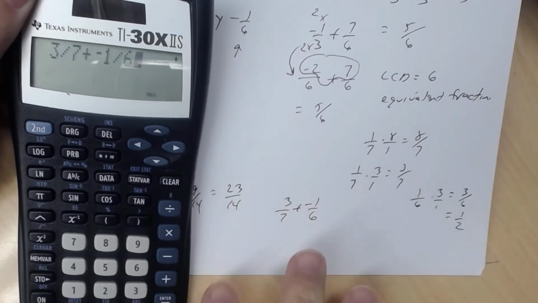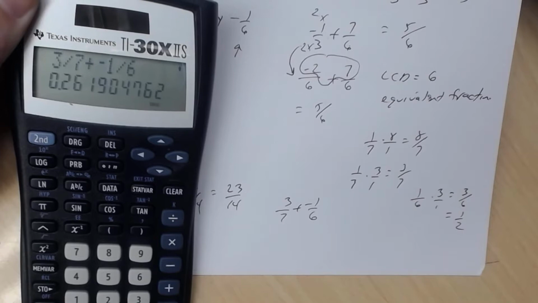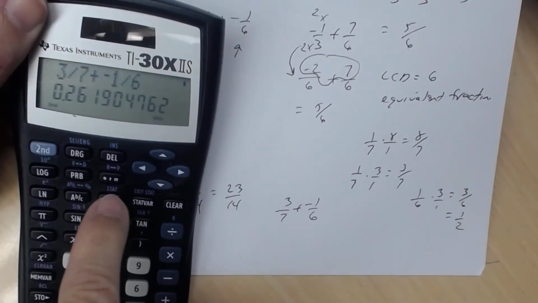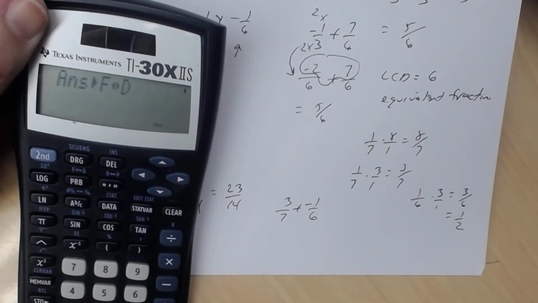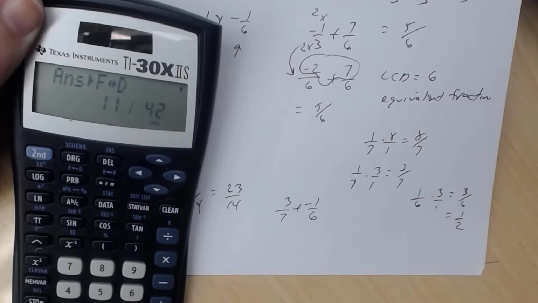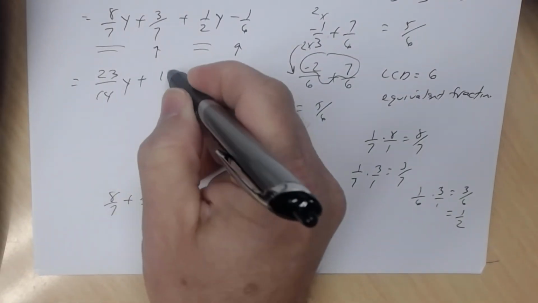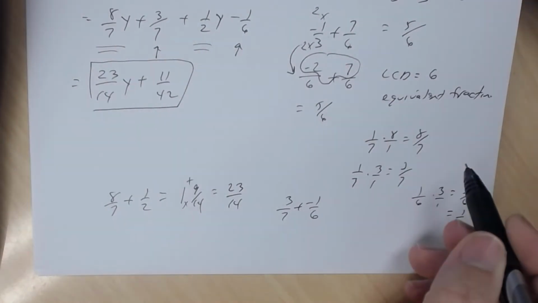Does not matter. But with whatever you do, you better get this. All right, so I got to convert this back to a fraction. So I'm going to say second, P or B, fraction to decimal, decimal to fraction. Press equal, and you get this fraction, 11/42. So plus 11 over 42. That's your answer. Okay. All right.